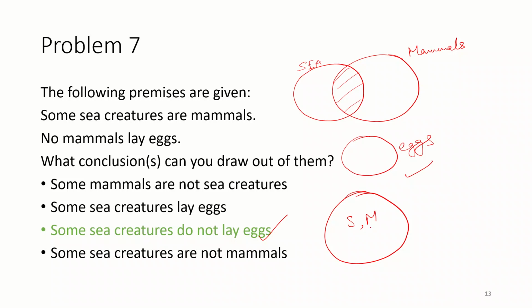All the sea creatures can be mammals, so they can have the same condition. So that condition can also be there. So essentially, that some sea creatures are not mammals is not wrong. So here the answer will be B and C both.